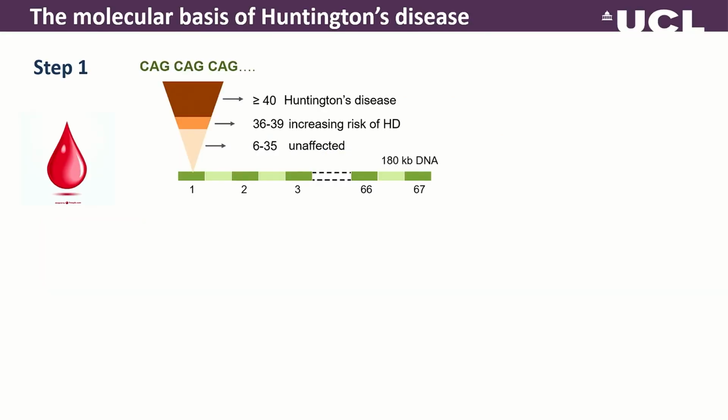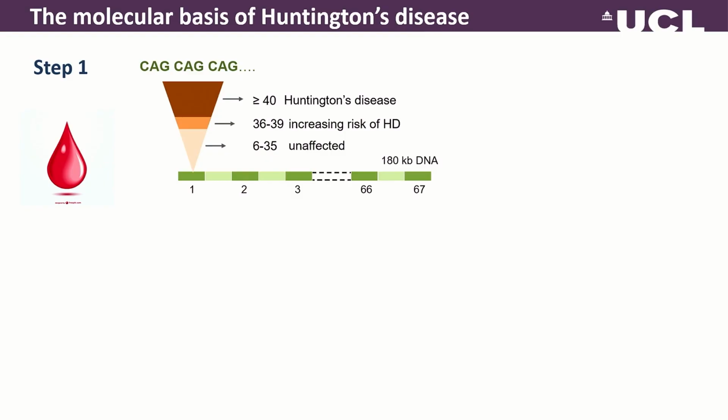I want to start by saying I think it's becoming more and more accepted that the very early events, at the molecular level, that cause Huntington's disease are a two-step process. Step one is concerned with the length of the CAG repeat itself.